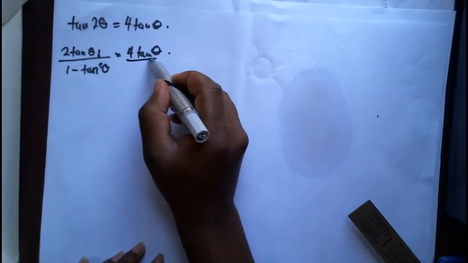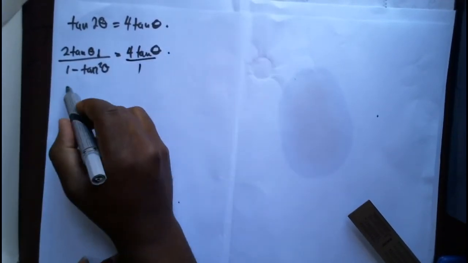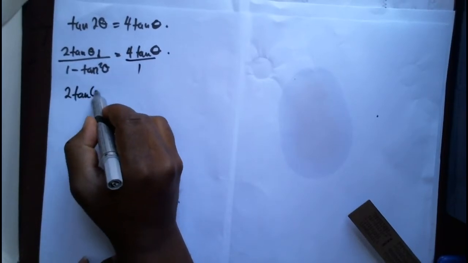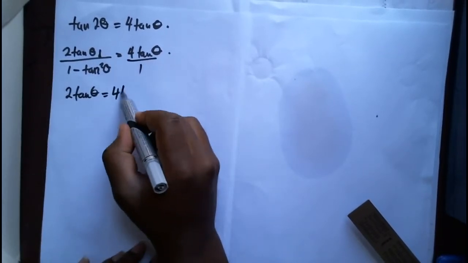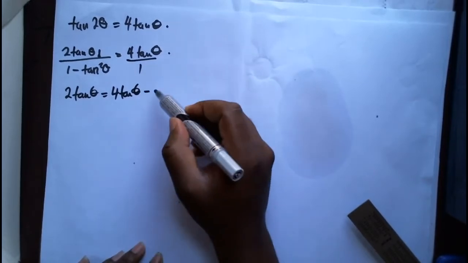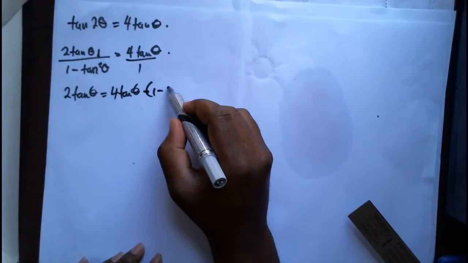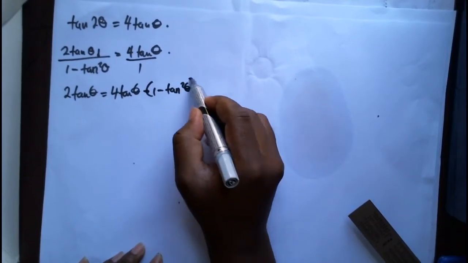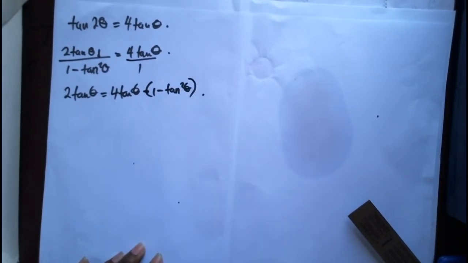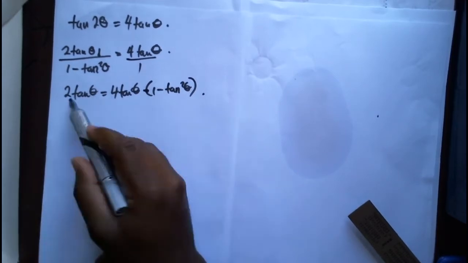Now the next thing to do is to cross multiply, because this is over 1. It becomes 2 tan theta is equal to 4 tan theta times a factor of 1 minus tan squared theta. Now I can expand it.